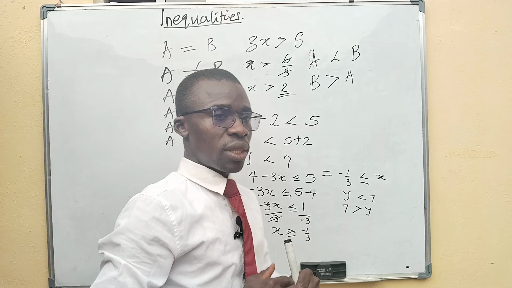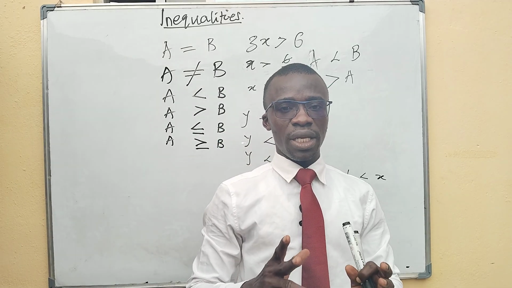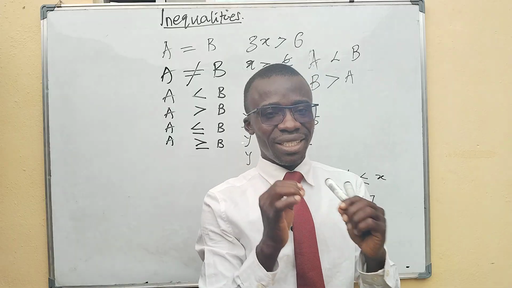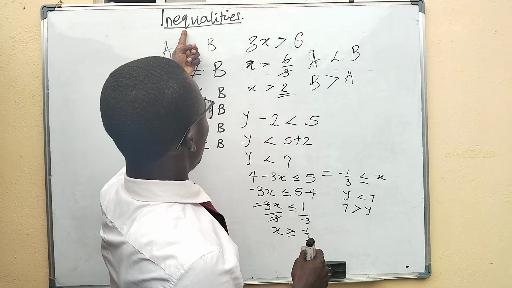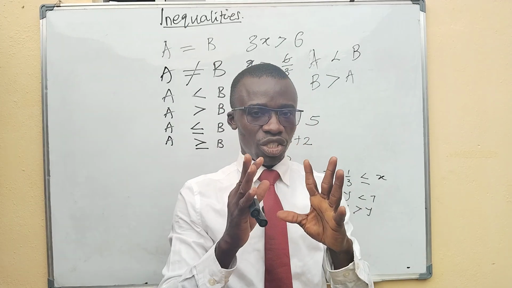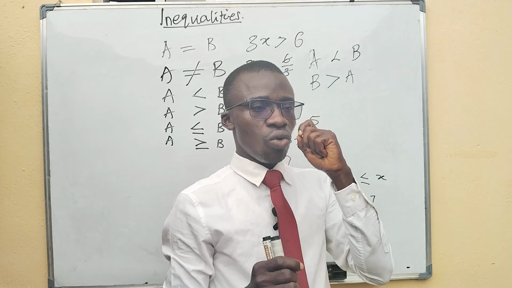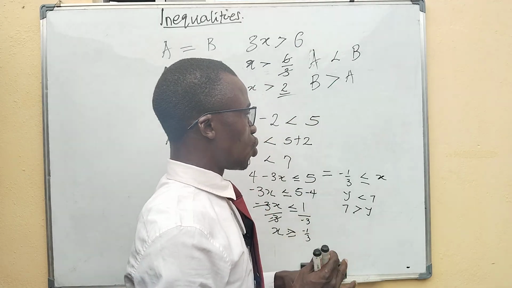So with this, I want to believe that this short teaching on inequality, which is just the introduction, has come a little way to spur you to go into work.